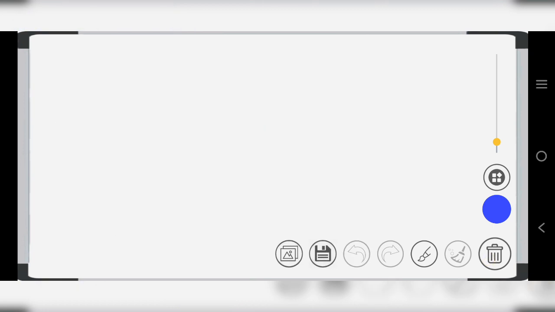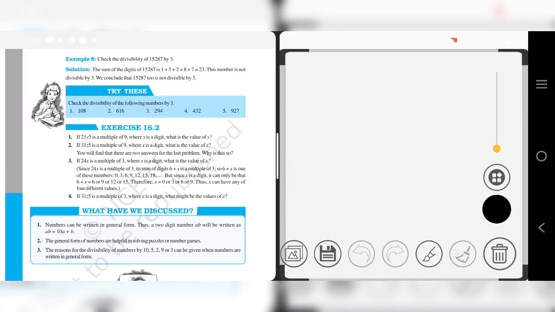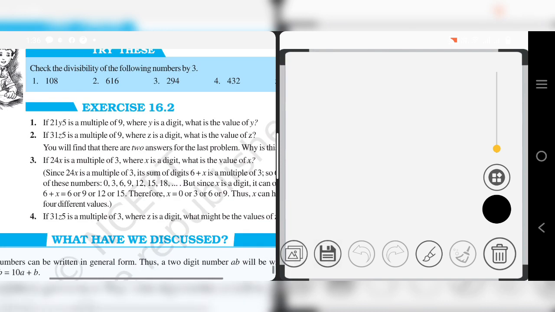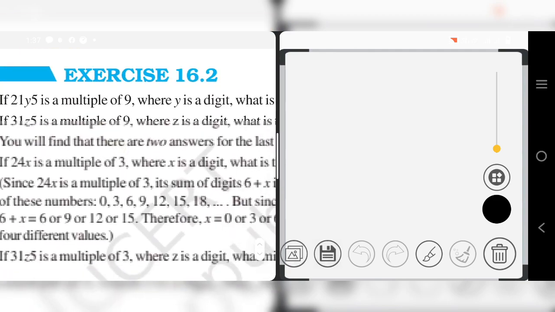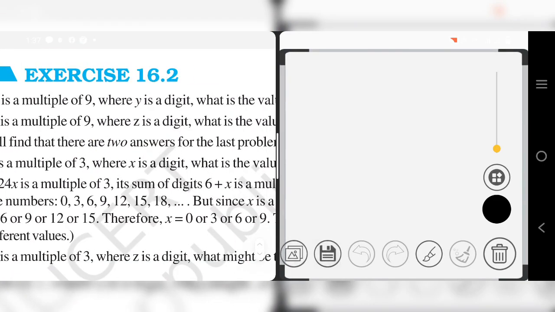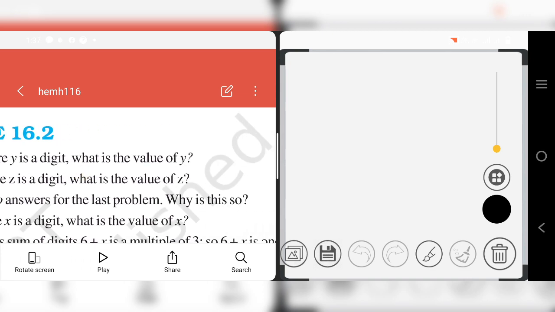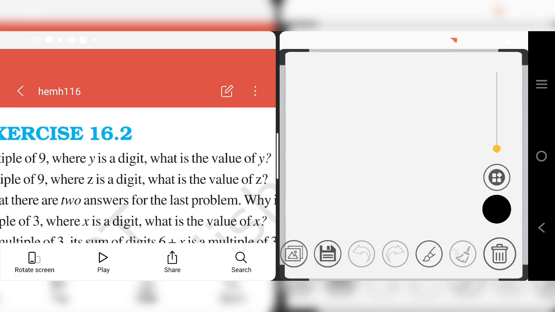So now let us go for the exercise problems. Now let us go for exercise 1.2, question 16.2. If 21y5 is a multiple of 9, where y is a digit, what is the value of y?